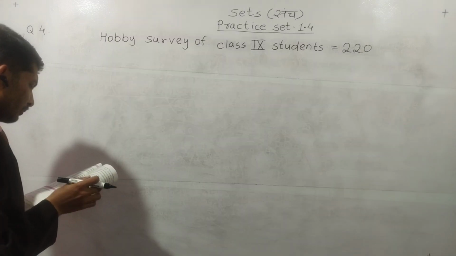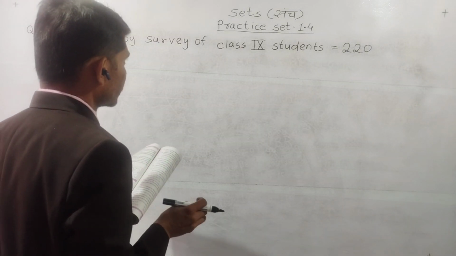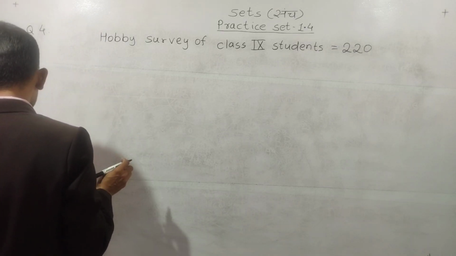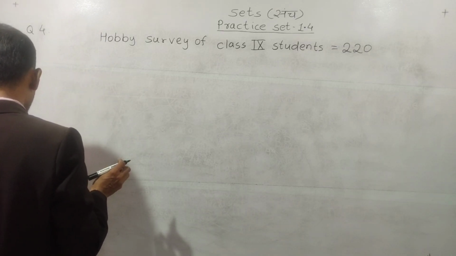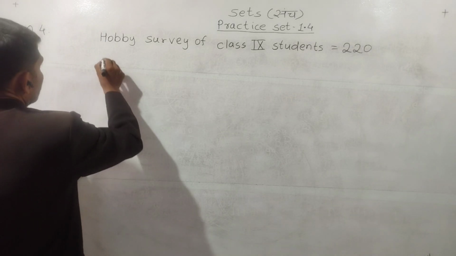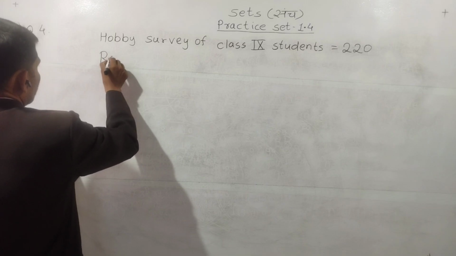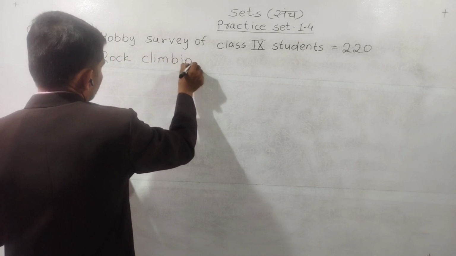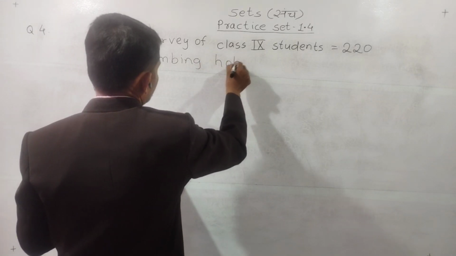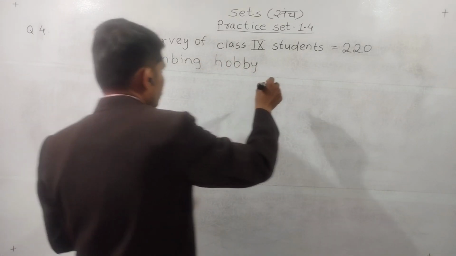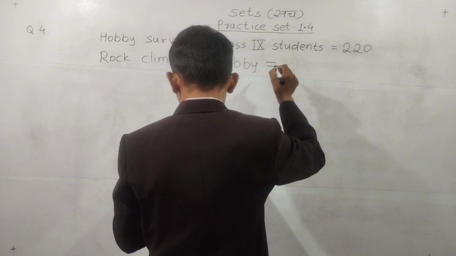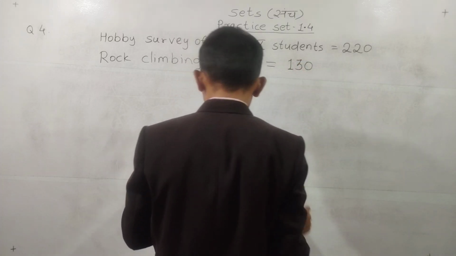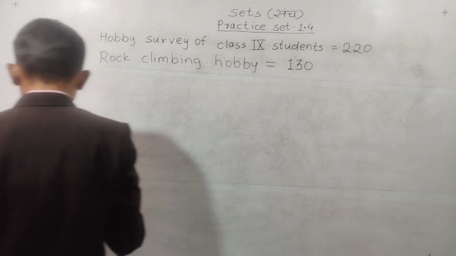Survey of 220 students is carried out who are learning in ninth class, out of which 130 students inform about their hobby as rock climbing. Rock climbing hobby. How many students have the rock climbing hobby? 130 students. Okay, 130 students have the hobby of rock climbing.